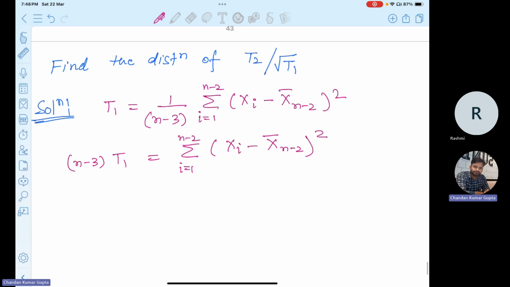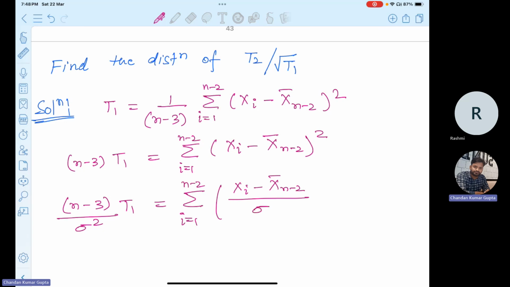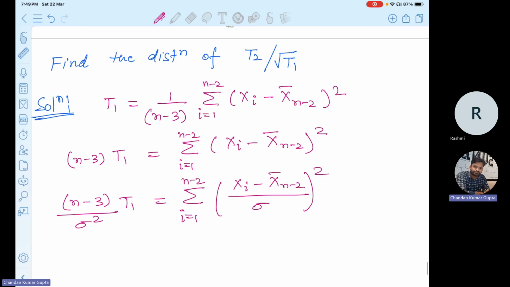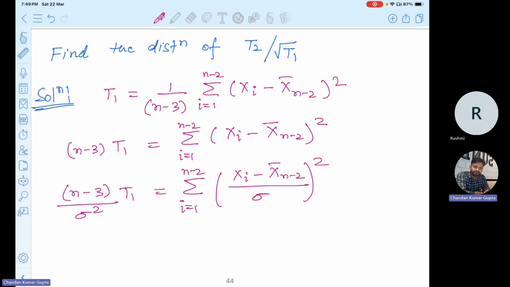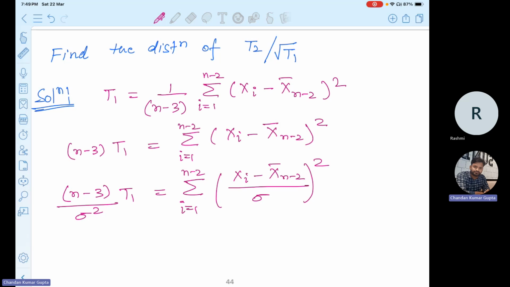So n minus 3 divided by sigma square times T1 equals the summation from i equal to 1 to n minus 2 of (xi minus x bar n minus 2) whole square over sigma square. Now if you look, this is nothing but chi square with degrees of freedom n minus 3.